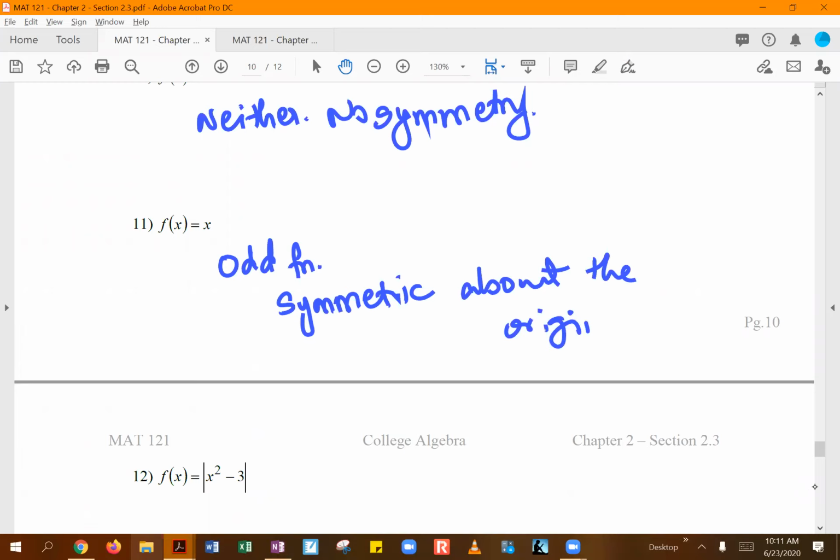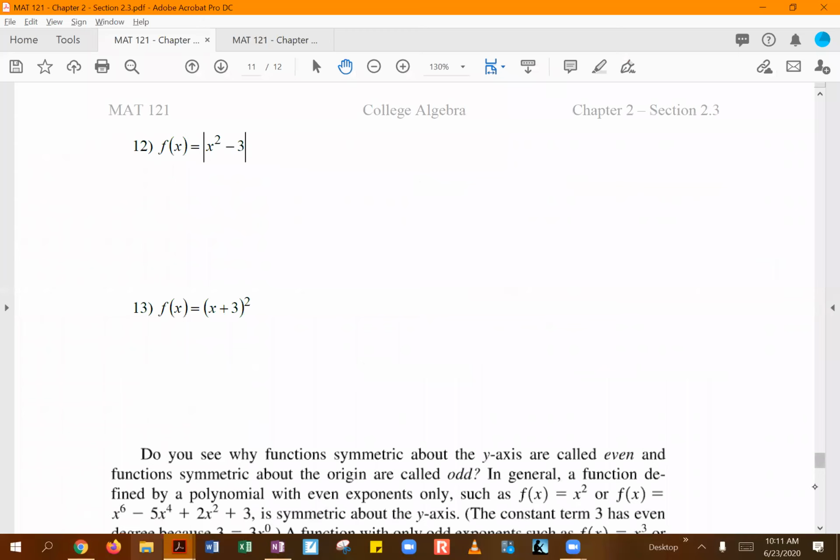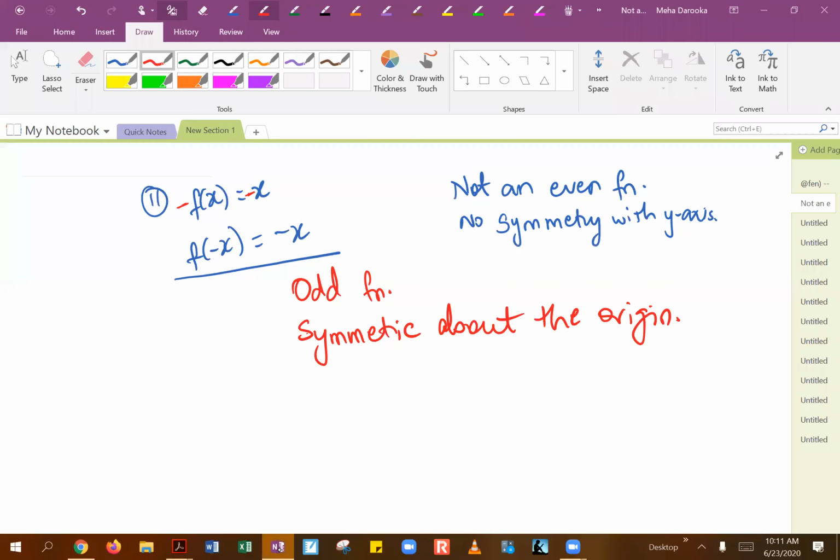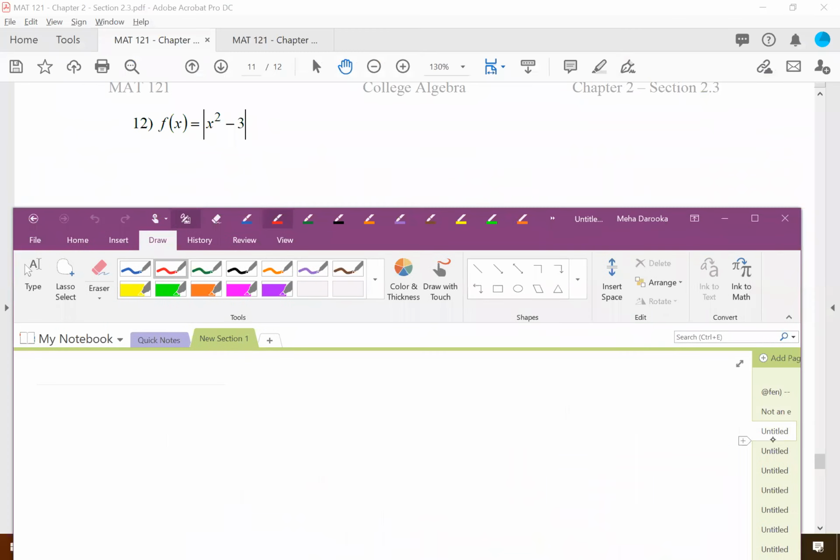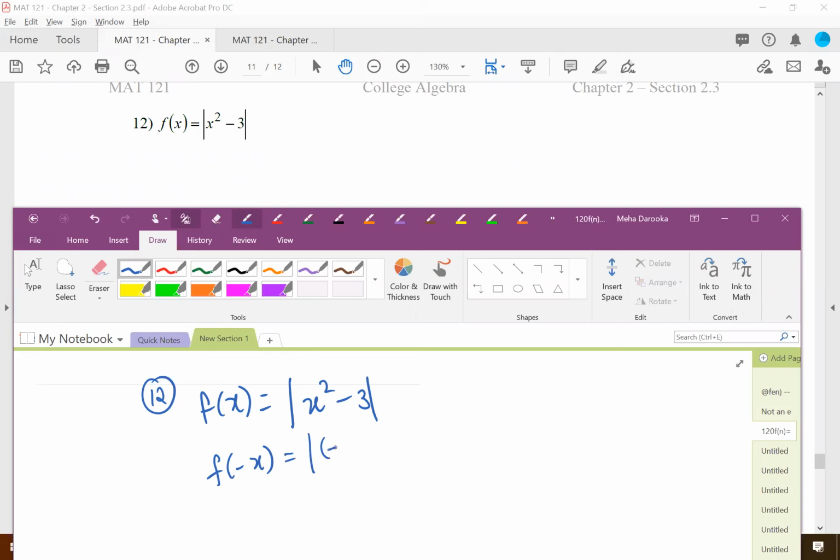Okay, what do you think is going to happen on number 12 over here? This is an absolute value function that they are giving us. You have f of x equals absolute value of x squared minus 3. So of course we start by replacing our x with negative x. So that would mean you have negative x to the second power minus 3.